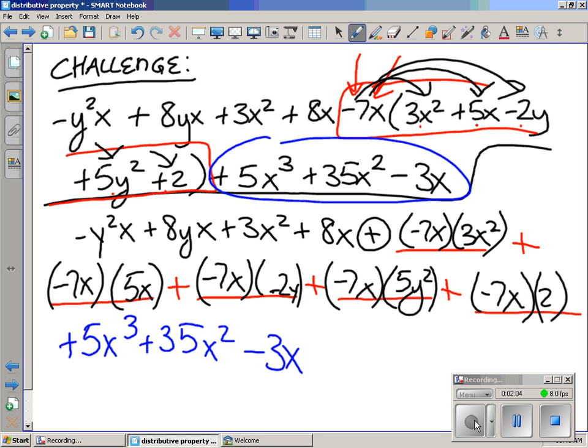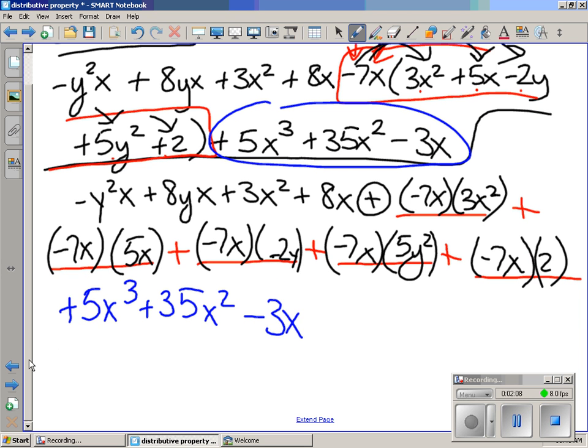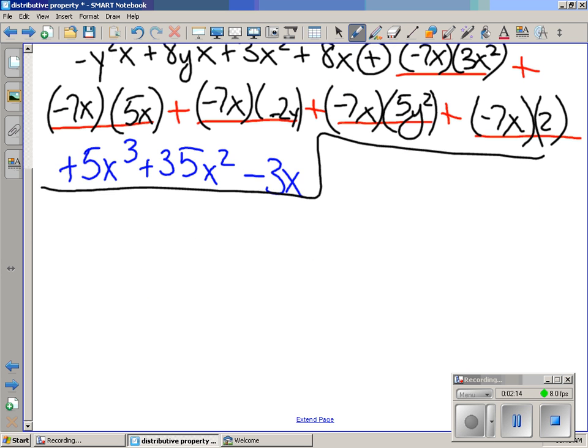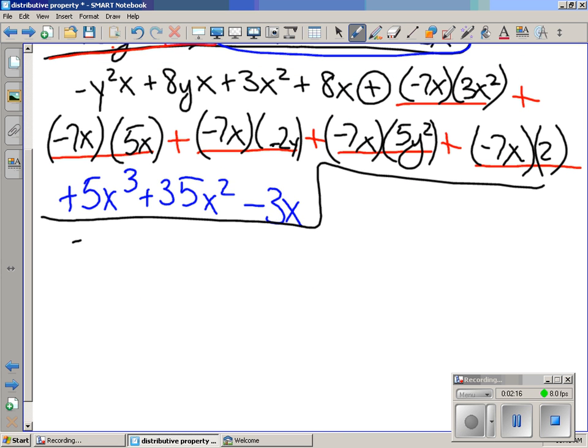From here, we can go ahead and multiply. So we're starting over again with the negative y squared x, positive 8yx, the positive 3x squared, the positive 8x, and then we can multiply.